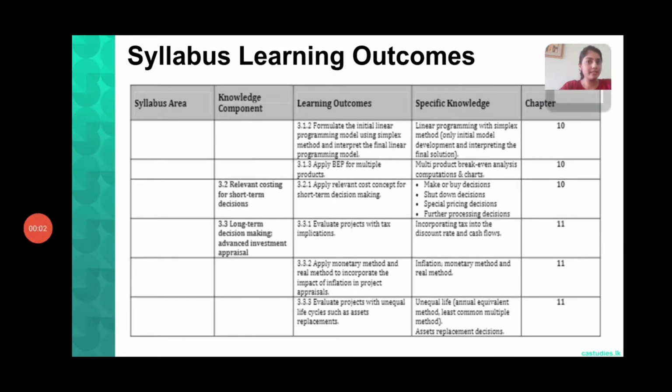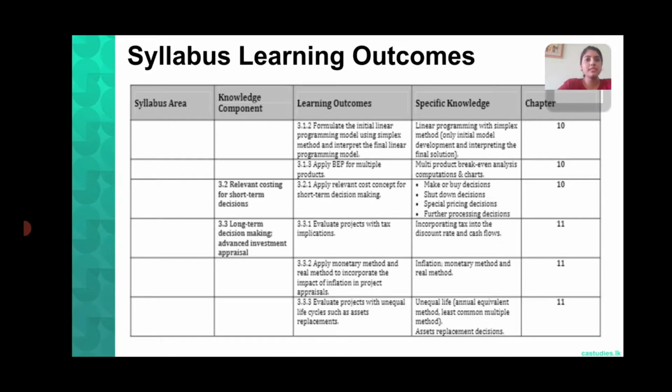So continuing under decision making, you have 3.1.2, 3.1.3 under the same learning outcome, where you need to learn linear programming and break-even analysis. So it's like the advanced version of your BL2 subject, which is relating to business maths and stats. So this is where you need to refresh your knowledge on your maths and attempt this area covered in chapter 10.